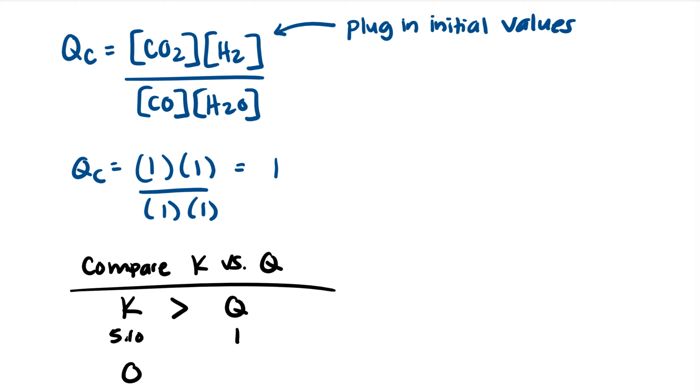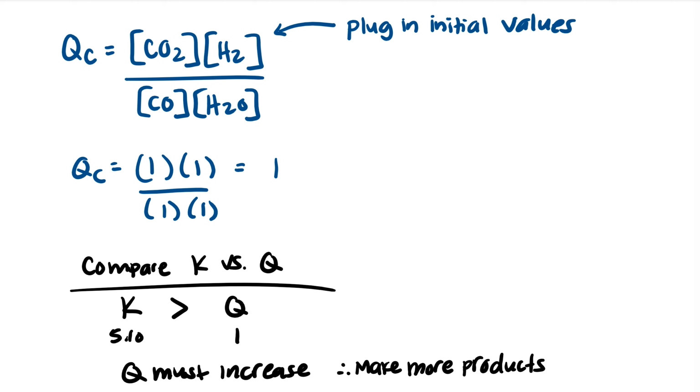So Q must increase in order for the system to establish equilibrium. And since Q is products over reactants, we gotta make more products.